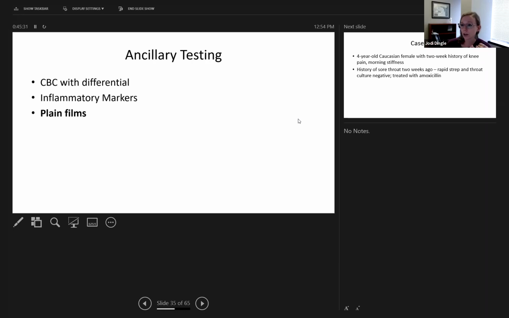You're screening for malignancy, you're looking for evidence of systemic inflammation, and getting plain films will help you with some of the mechanical things, but also just making sure there's not something sneaky there like CRMO, like a malignancy. So this is kind of my first tier for anybody with joint pain.